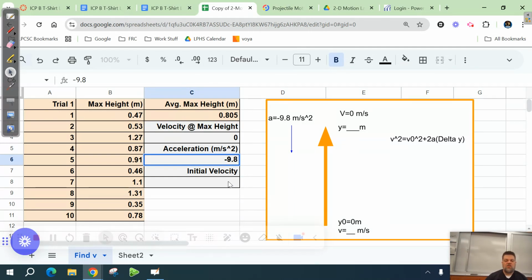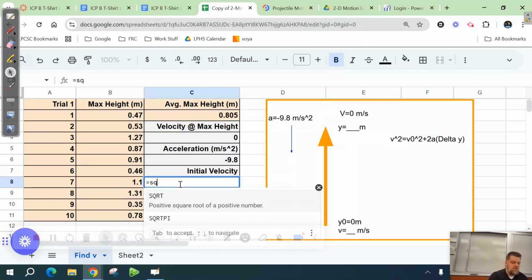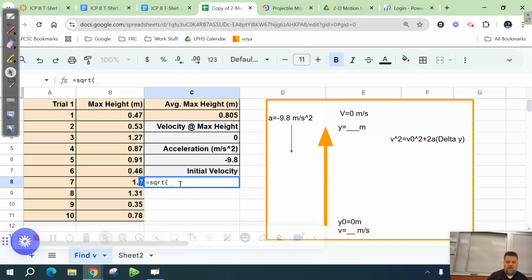Now to find that initial velocity, I'm going to plug in the following formula. Are you guys ready? Equal sign. I'm going to type SQRT, that's for a square root. Then I'm going to say -2 times, I'm going to multiply that by this number.